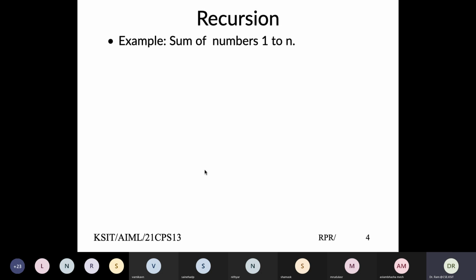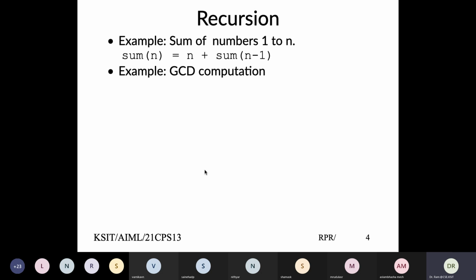We will take a few examples today. One is the sum of numbers 1 to n. We probably all know that the sum of 1 to n is n into n plus 1 by 2. But we will look at how to solve it using recursion, how to solve it without recursion, and the different ways of solving it using recursion.